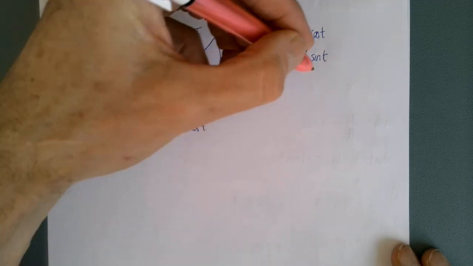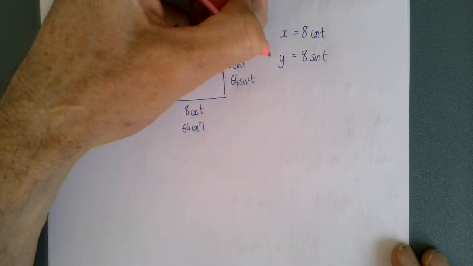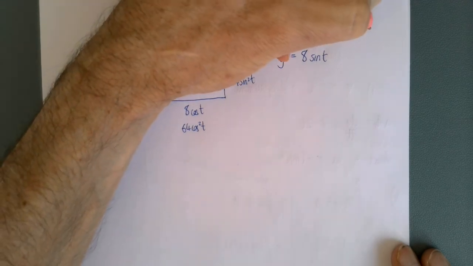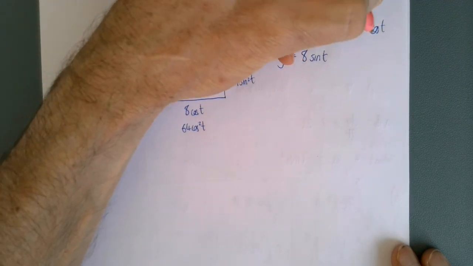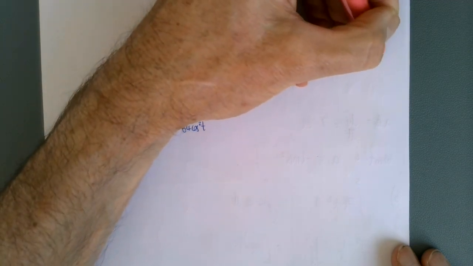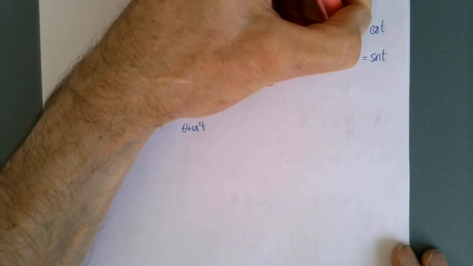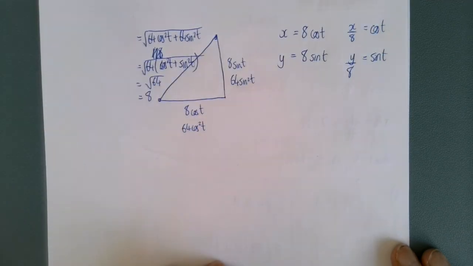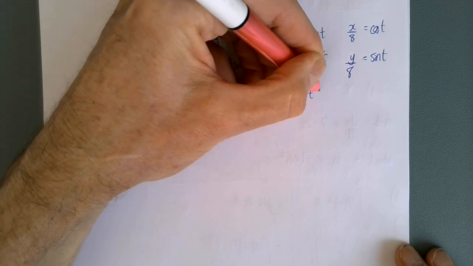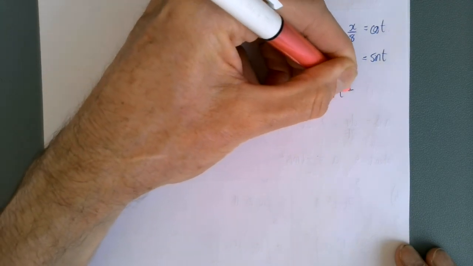Well, both of these I can rewrite as sine equals and cos equals, and I know that sine squared t plus cos squared t always equals 1.